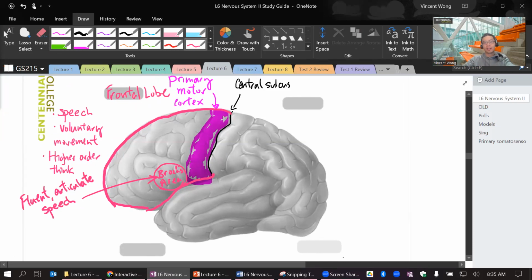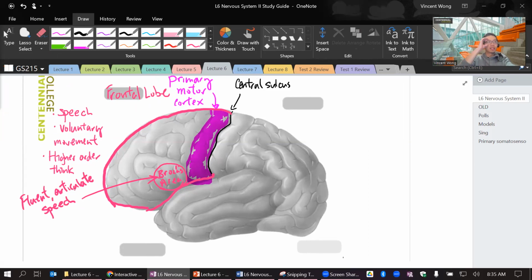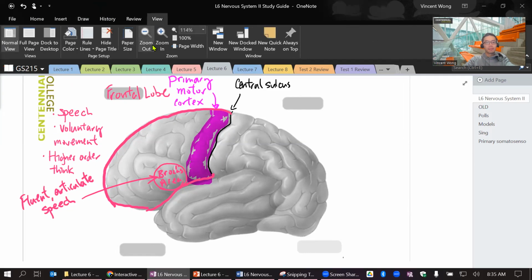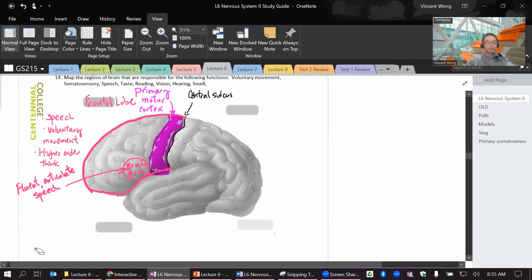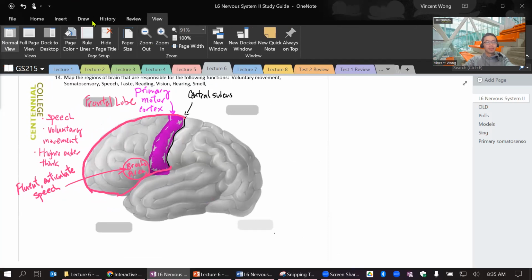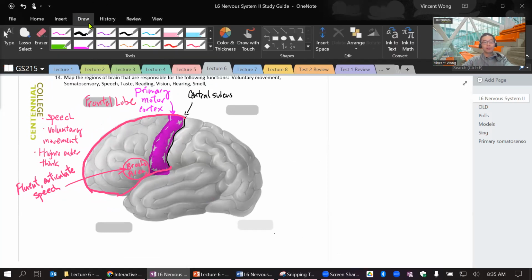What's the name of the condition that a person gets if they damage the Broca's area? Does anybody remember? Yep, still a little bit early. I'll try again later. Broca's aphasia, or expressive aphasia, because the person is not going to be able to express themselves, right? They might be using the wrong word in the wrong context. Their sentence structure is all scrambled, and so it's hard for people to understand what they're trying to say.